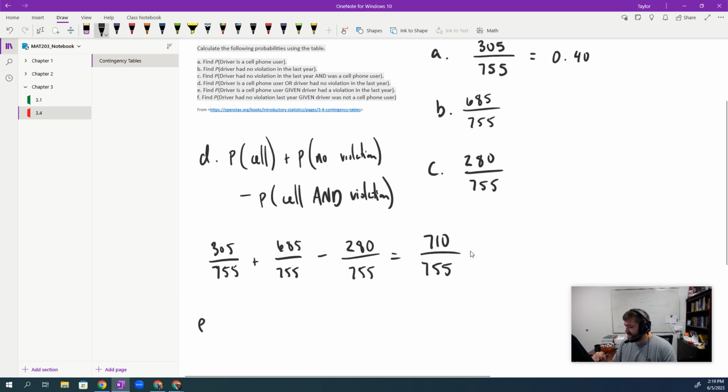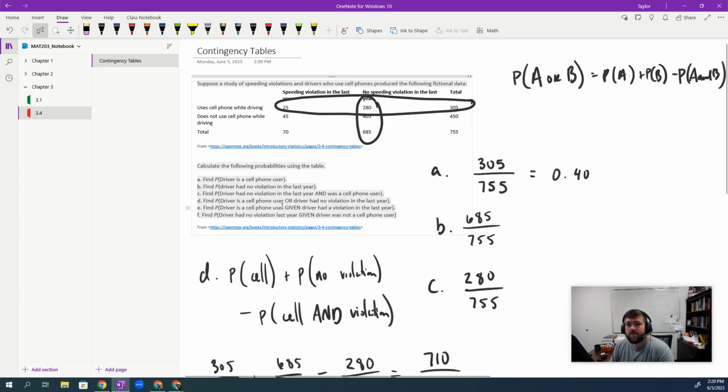Okay, E. Find the probability that a driver is a cell phone user given that the driver had a violation in the last year. So far, for all of these problems, we've been using the total amount in the study as our denominator, right? We're comparing the frequency of a certain category to everybody in the study, all 755 people.